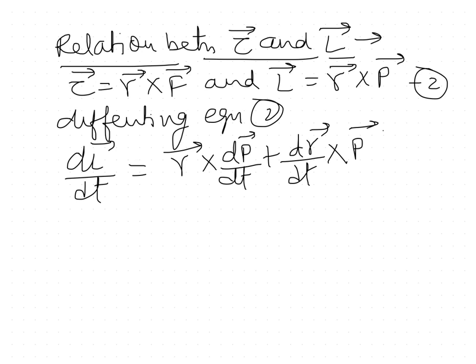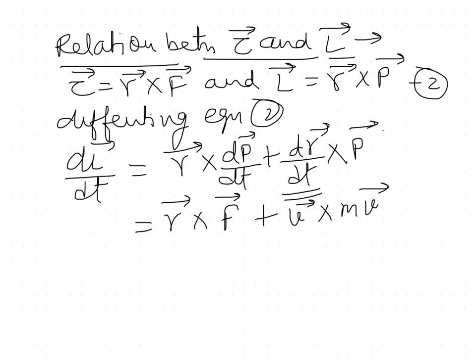So this dr by dt represents the rate of change of position vector, which is velocity, and dp by dt we can write as F by using Newton's second law. So we have v cross momentum, and momentum can be written as mv. So this term becomes equal to 0, since v cross v is always 0. The cross product of similar vectors is 0.